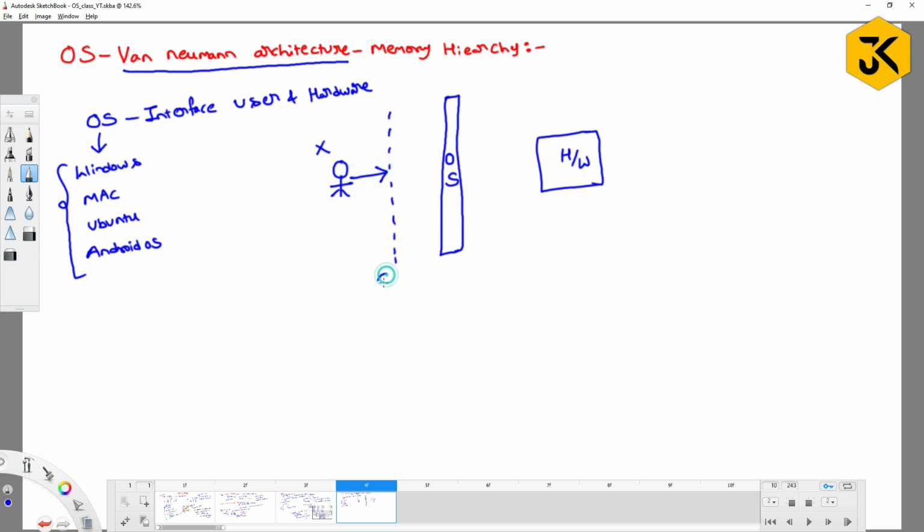This layer can be a command interpreter, either a shell based command interpreter or GUI based command interpreter, or system call interface, or an application programming interface. Now through these methods we can interact with the operating system.